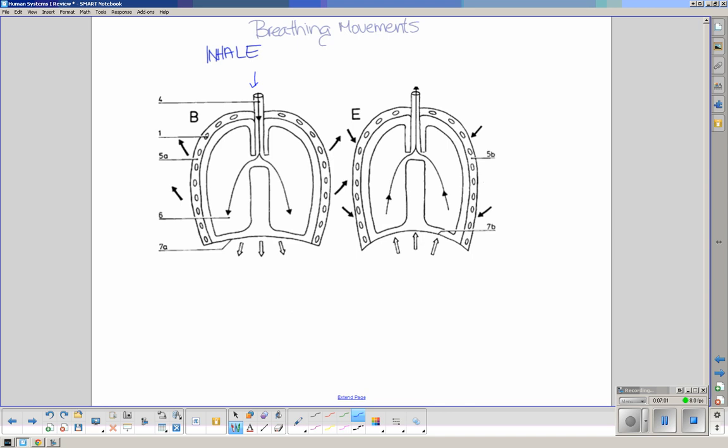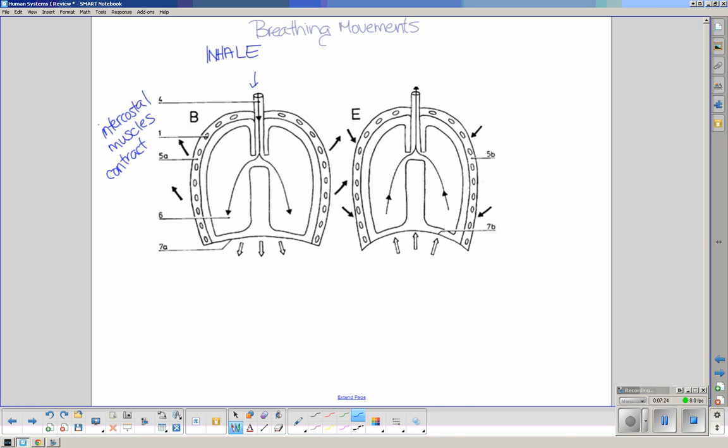What we want to point out is the muscles. So as someone inhales, what happens is the muscles between their ribs, called the intercostal muscles, they contract. You can try it if you breathe in a lot. You can see that you have to use muscles. And what this does is it expands the chest cavity.